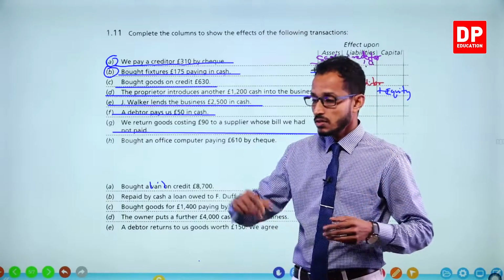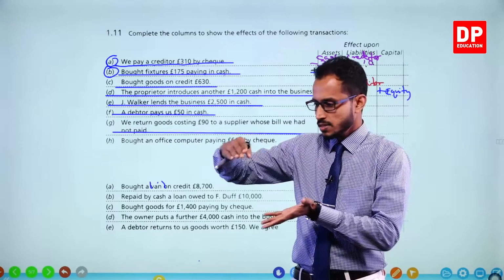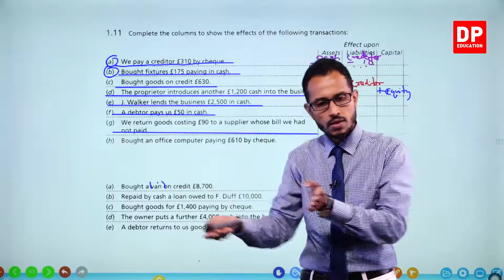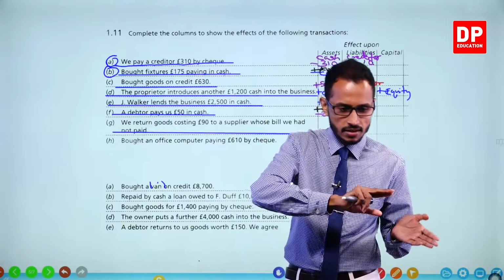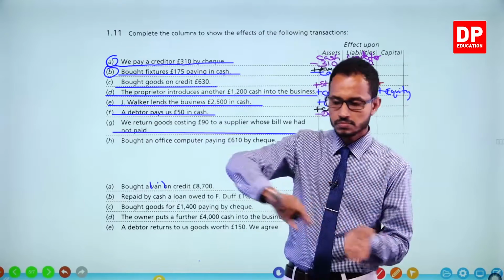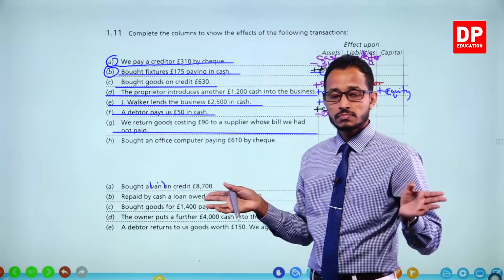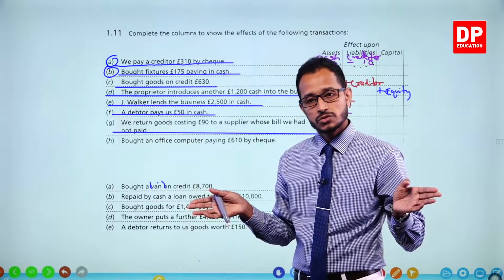Children, the goods we buy for our shop, if they are expired, if they are not suitable, we can return. Returning goods means decreasing of goods, right?